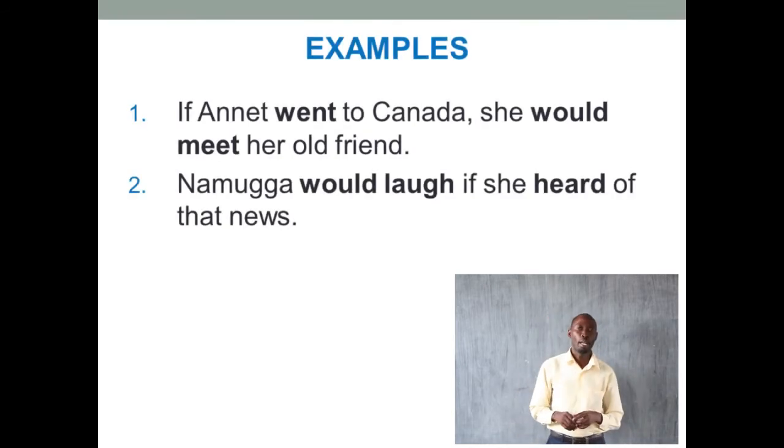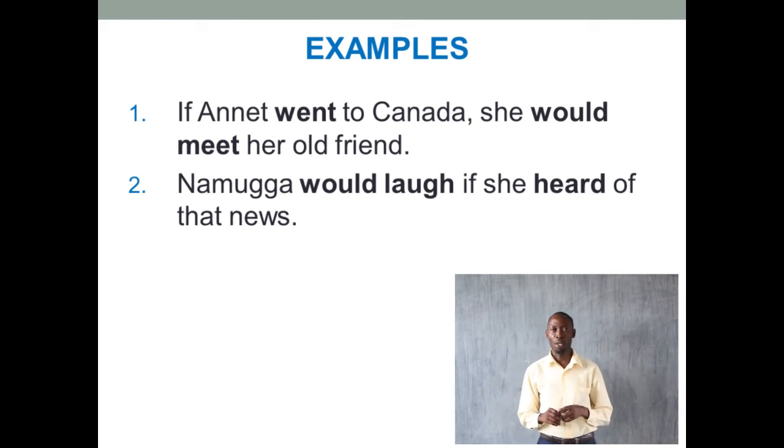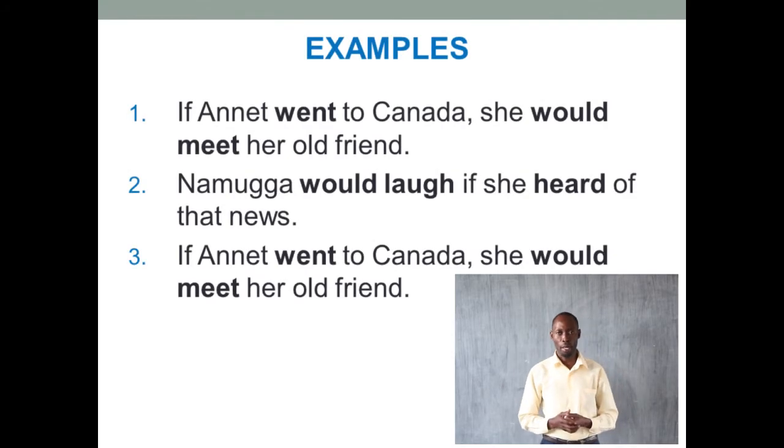Number 2, Namuga would laugh if she heard that news. Would laugh, present conditional, heard, past simple. Number 3, if Annette went to Canada, she would meet her old friend. Went belongs to the past simple, and would meet belongs to the present conditional.